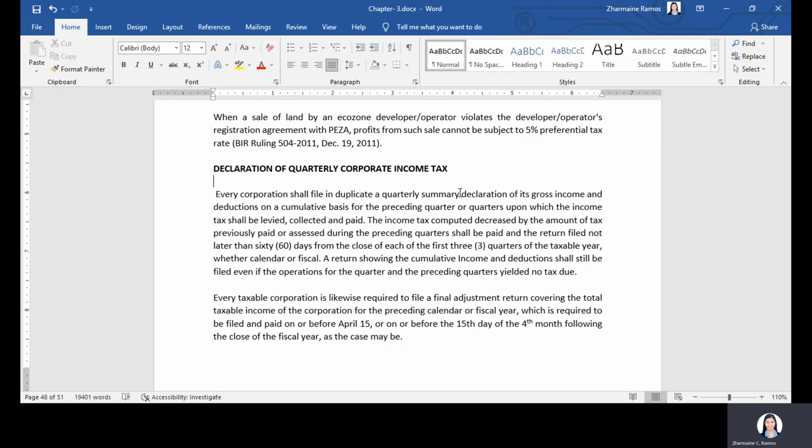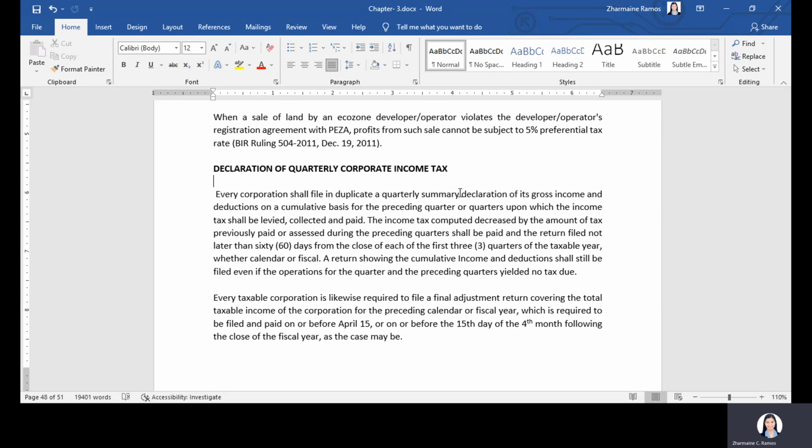Kung ikaw ay January to December, calendar ka. So, ang first quarter mo is January, February, March, April, May, June is the second quarter, July, August, September, third quarter, and ang fourth quarter mo is October, November, and December.